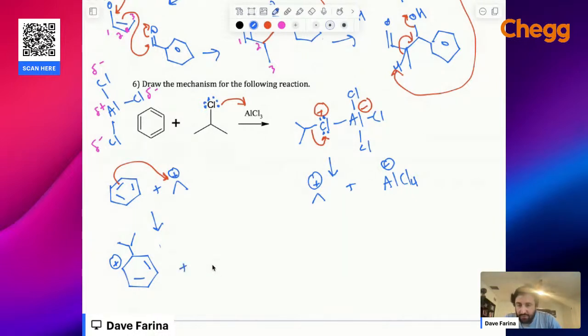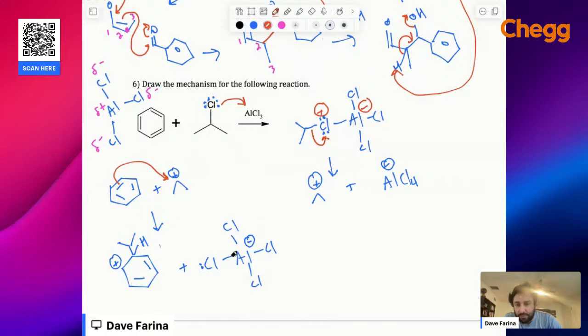And now remember, we've got AlCl4, and we still have a negative charge here on the aluminum. Put that right there. So what's going to happen here is everything wants to neutralize. So let's draw it this way just to be very specific.